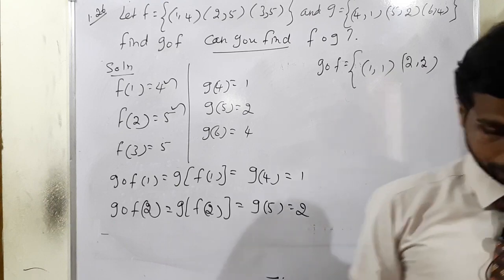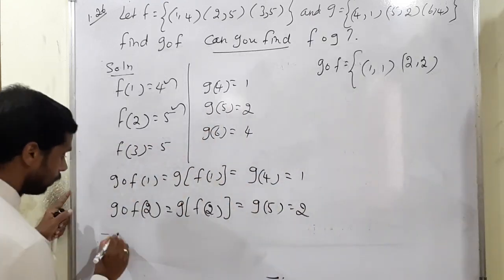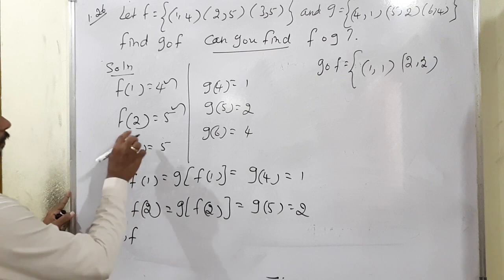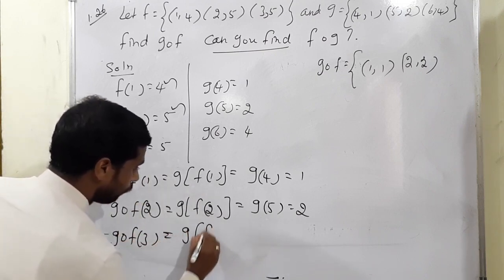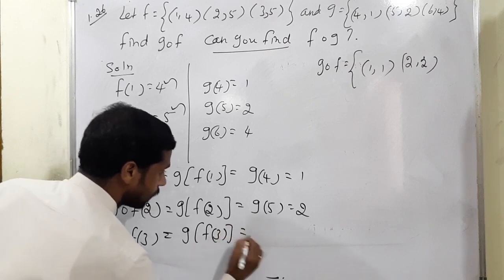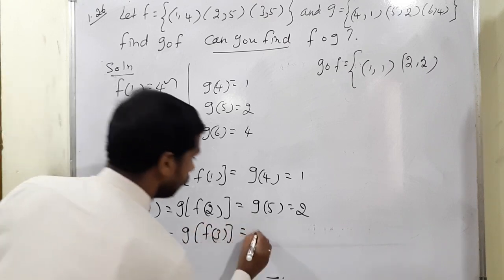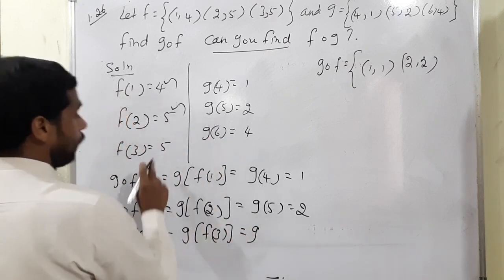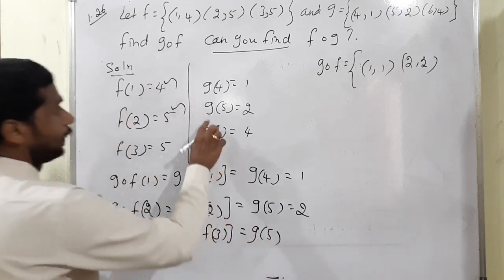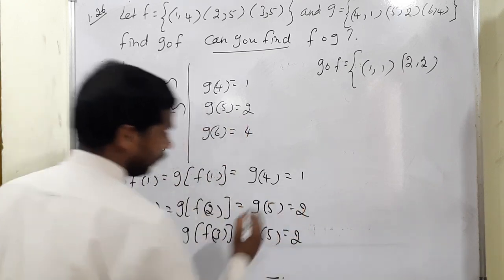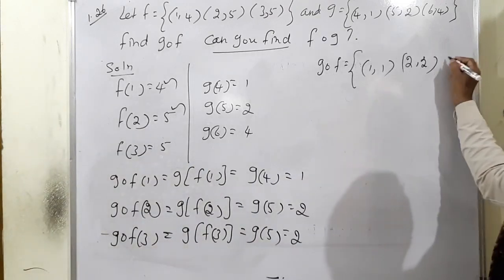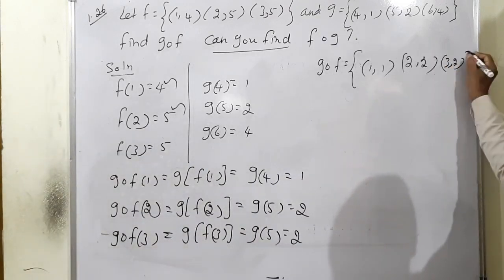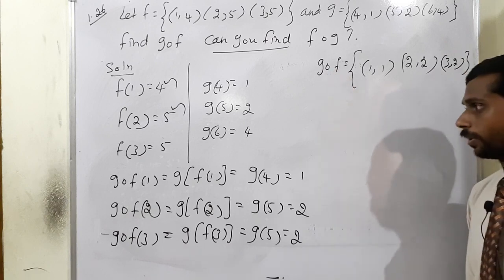Third one, g dot f of 3: f of 3 is 5, again g of 5 is equal to 2, last pair 3 comma 2. This is the answer for f composite g.